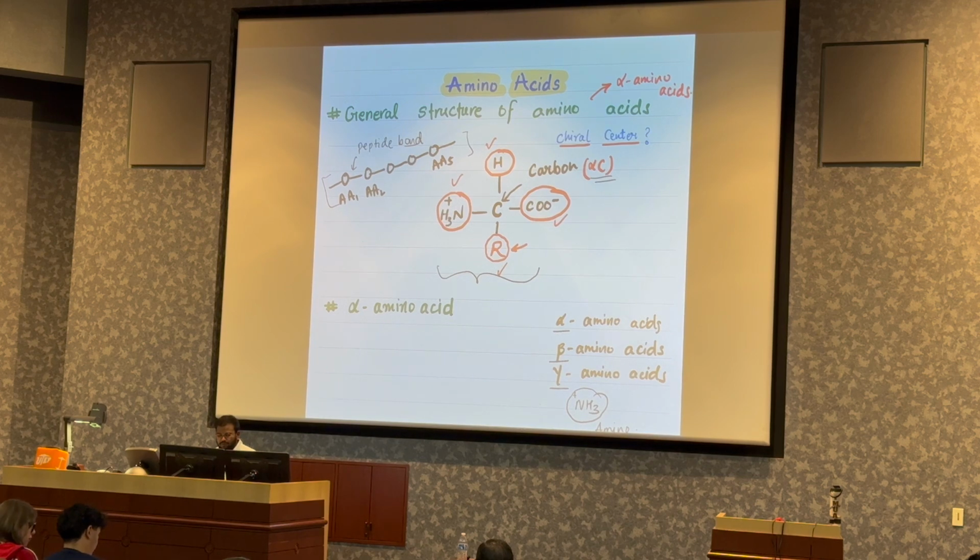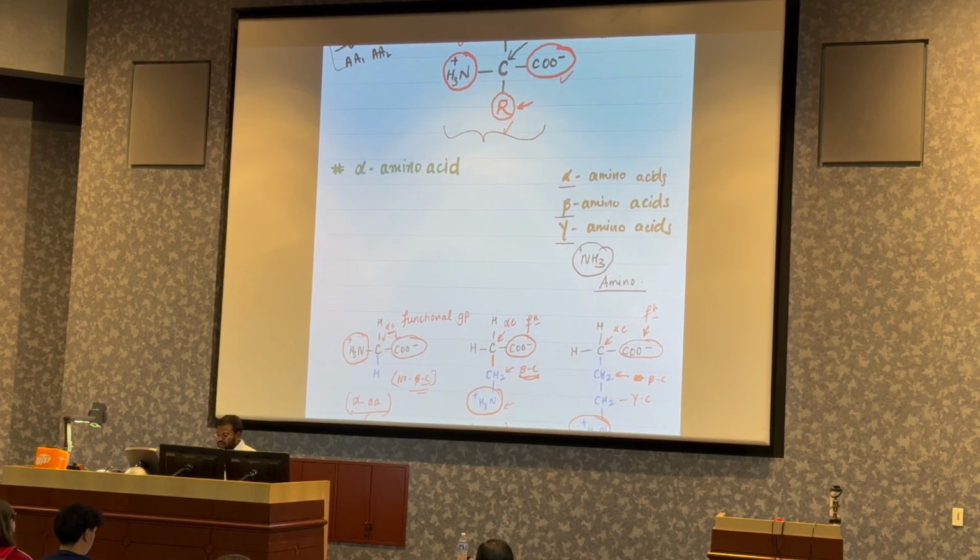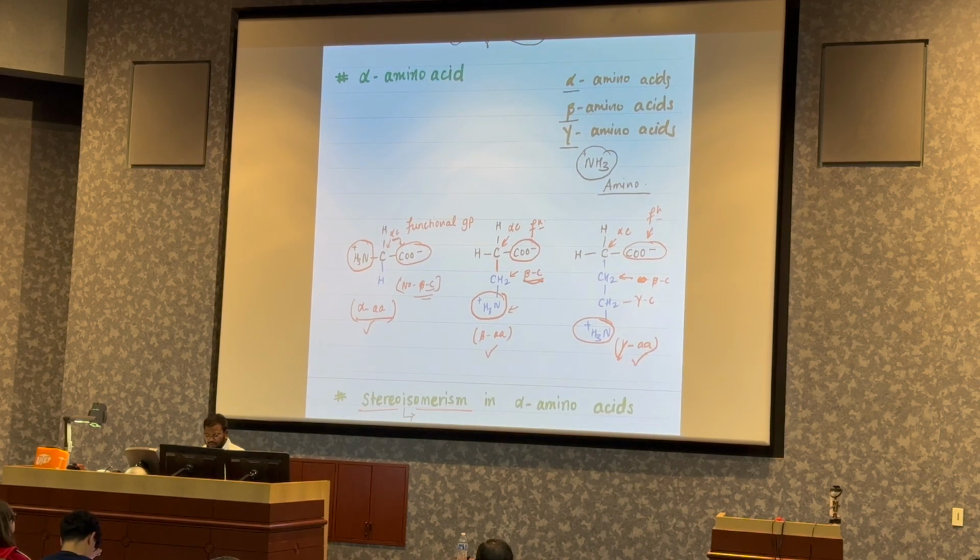There could be other types of amino acids like alpha, beta, and gamma. Based on the other classifications we have, this is the functional group, which is the carboxyl group. The carbon attached to the functional group is called alpha carbon, and that's why this type of amino acid is known as alpha amino acids.